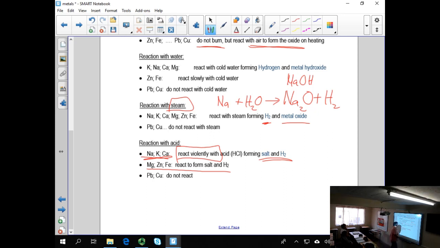For example, if I add zinc to hydrochloric acid, what salt will I get? Zinc chloride plus hydrogen gas. If they ask you to include state symbols, then you have to do it.